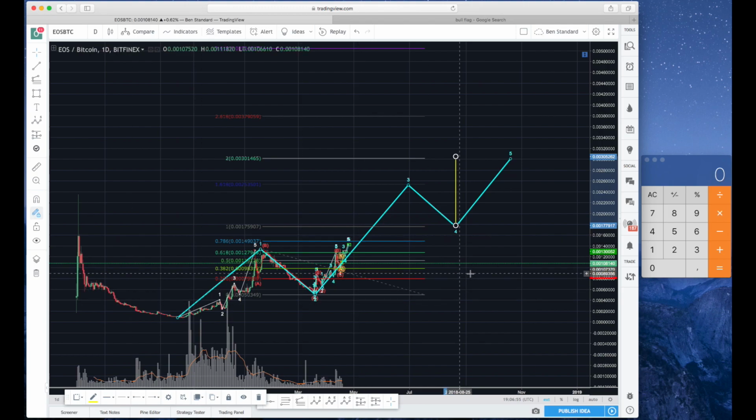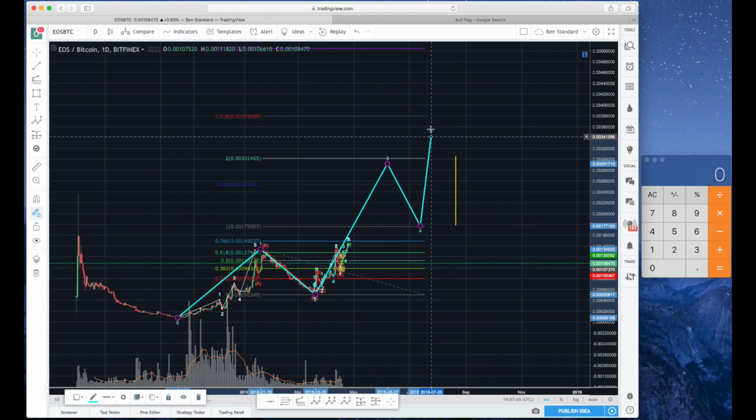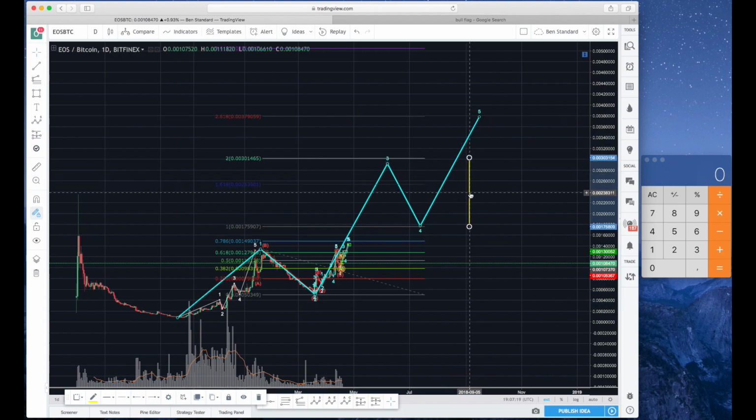We don't know yet, but we could be like this, could go parabolic like this. So this could be in a couple of months or so, or maybe 6 months, I don't know. I usually don't look at the time frames that much because it's so difficult to predict the time.